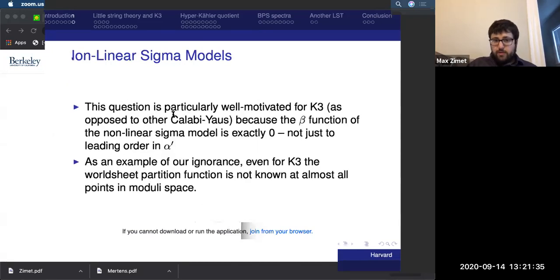This question is particularly well motivated for K3 as opposed to other Calabi-Yaus, because the beta function of that nonlinear sigma model is exactly 0, not just at leading order in alpha prime, because of how much supersymmetry we have. As an example of our ignorance, even for K3, almost everywhere in moduli space, the world sheet partition function is not known. More generally, there are huge swaths of questions that one might ask of UV complete string theory compactified on K3 that are just inaccessible without the metric.